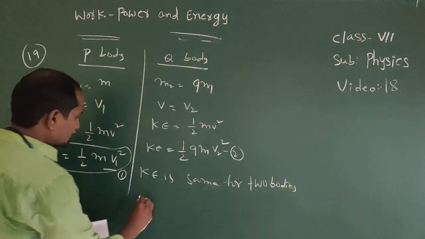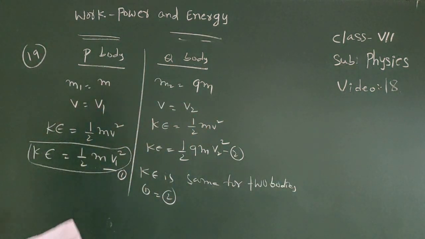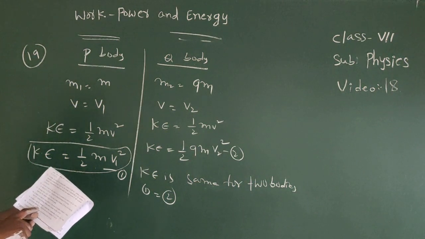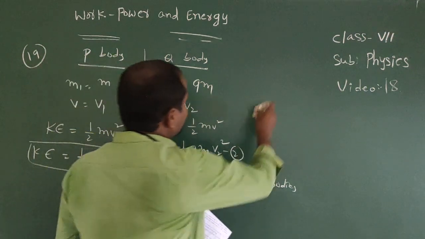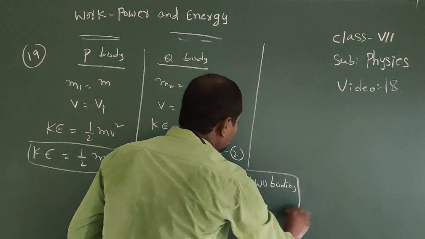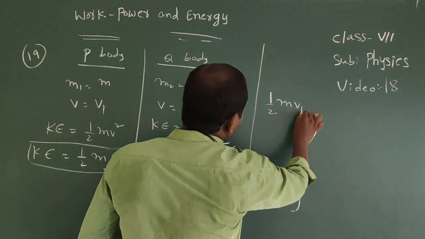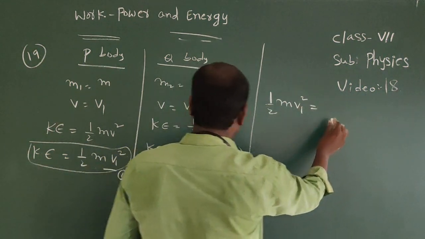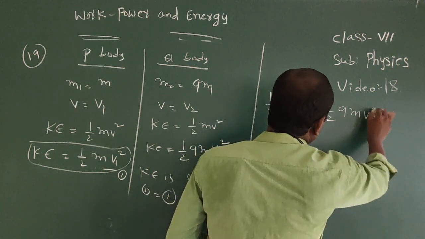So equation number 1 is equal to equation number 2, both are equal, because in the first case the kinetic energy is E, and in the second case also the kinetic energy is E. So half into M into V1 square is equal to half into 9m into V2 square.